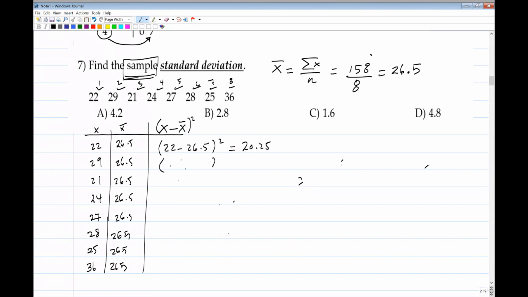And we do the next one, which is 29 minus 26.5, and we square, and we get 6.25. If you keep on doing that, this will be 30.25. The next one will be 6.25. The next one will be 0.25.